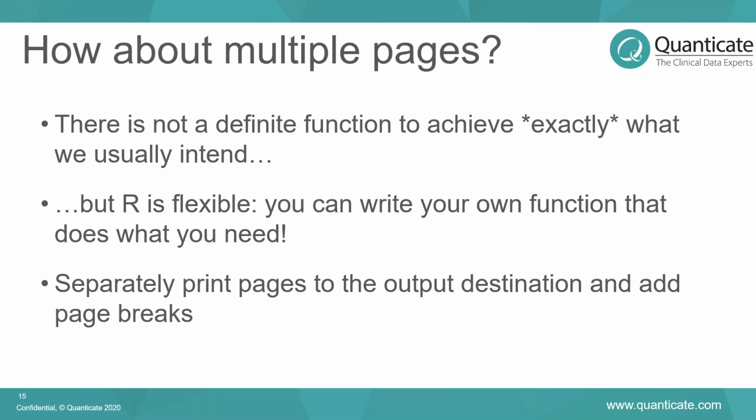So we need to create a page variable in the data set, say page 1 and 2, depending on how you want to split the report, and then write a function that iteratively prints the rows where page equals 1, and then afterwards prints the data set where page equals 2, and ensure that that goes to different pages.